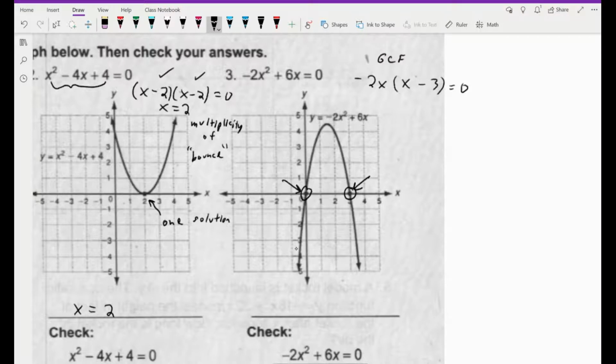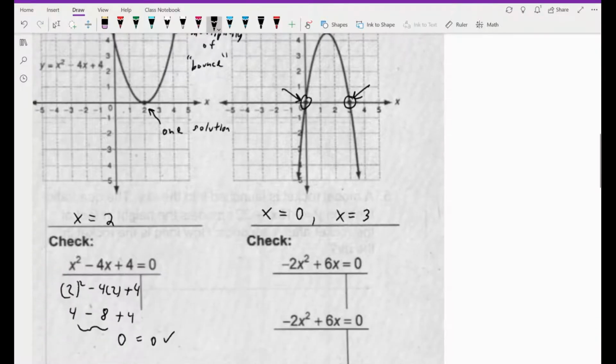Now if we solve both of these parts, we get x equal to 0 and x equal to, excuse me, 3. So we have the 2 solutions here, and we have it off the graph because it was graphed for us. X equals 0 and x equals 3. Let's still check it.